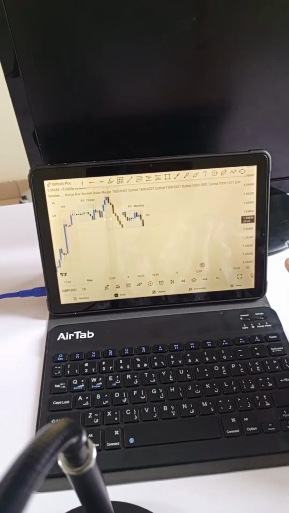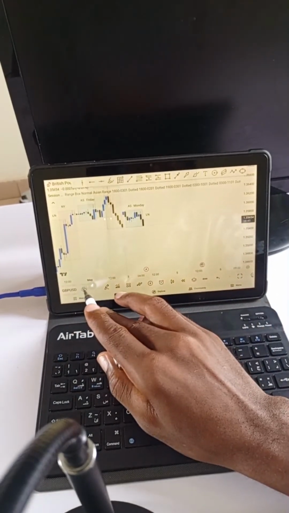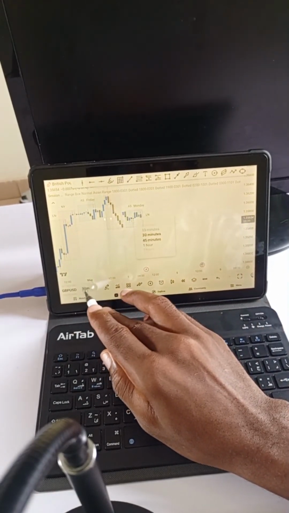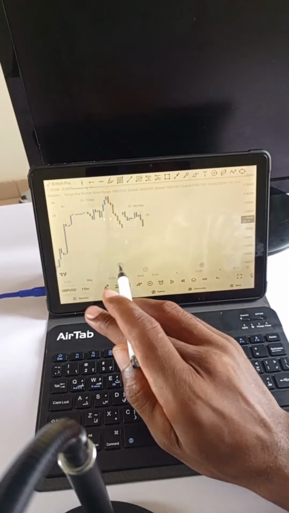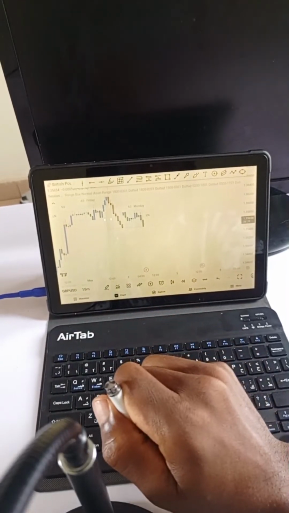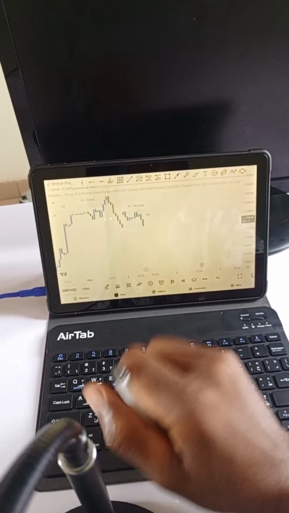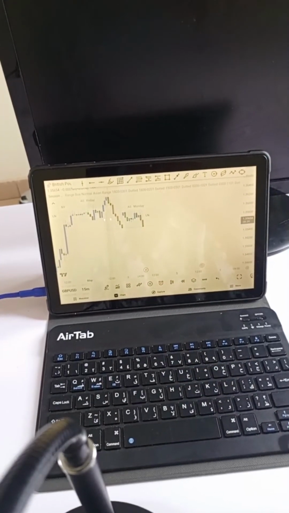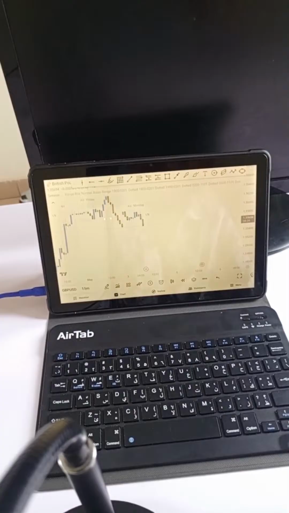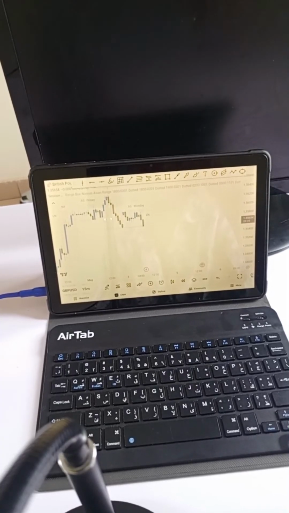I showed you an example of a 15-minute trader who had a confirmation on 15 minutes. That's why I decided to start working on higher time frames.